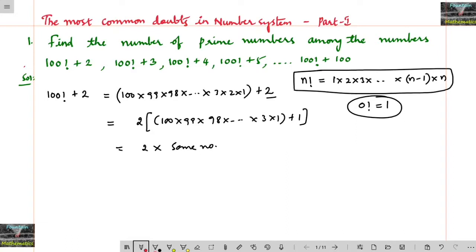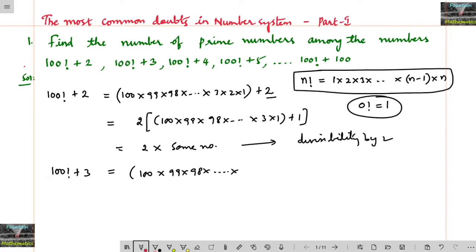Which means, can we say that this is divisible by 2? So the number 100 factorial plus 2 is divisible by 2. Now let's move to the next one, 100 factorial plus 3. Here also the same process applies: 100 into 99 into 98 and so on, 4 into 3 into 2 into 1, plus 3.